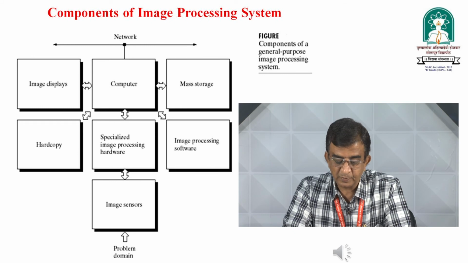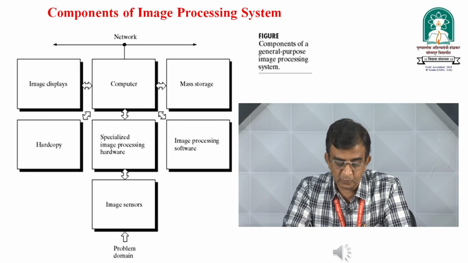Digital storage for image processing applications falls into three principal categories. The first one is short term storage for use during processing. Second is online storage for relatively fast recall, and the third is archival storage characterized by infrequent access.